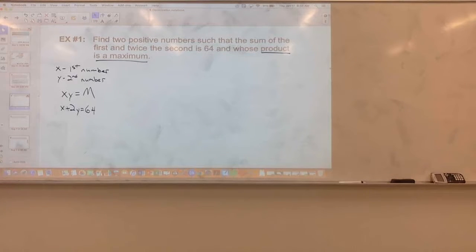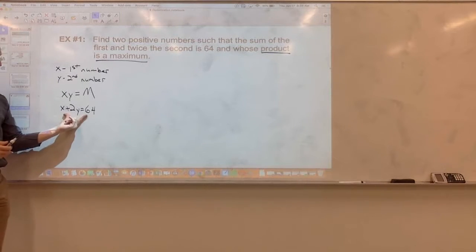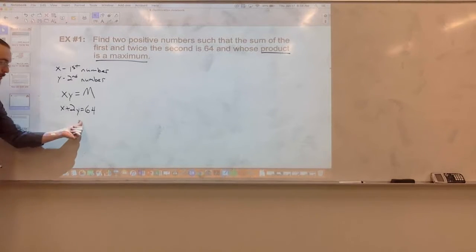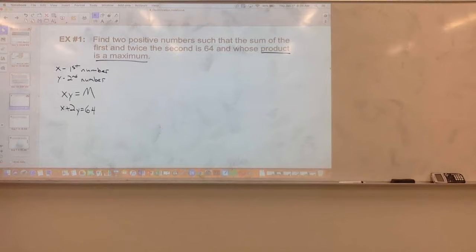Now, the fourth step says reduce the objective function to one variable. I don't want to have two variables in my objective function. We're going to eventually take the derivative here, so I want this to only be in terms of one variable. The easiest way to do that is to take my constraint, my second equation here, solve it for one variable, and then plug that into this equation.